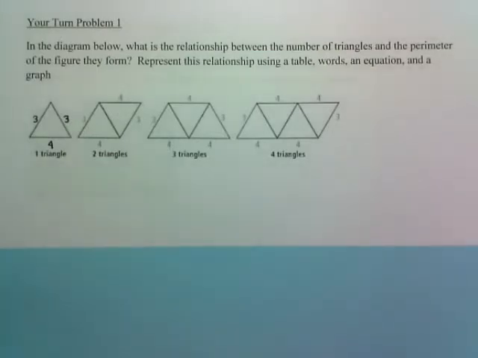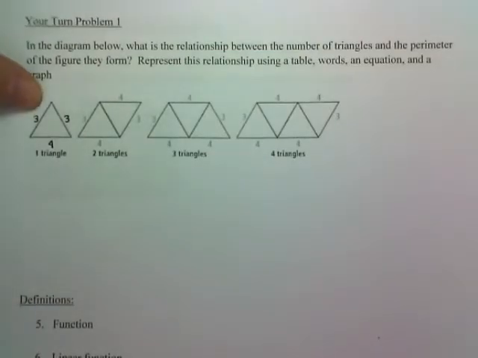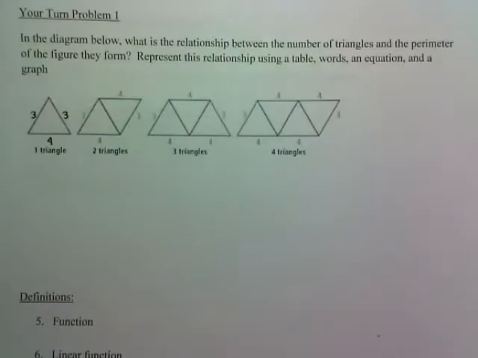Now, we're going to move on and talk about functions and linear functions to better define that. We've looked at a couple of illustrations of that. So the first one we're going to define is function. So definition number 5 is function.